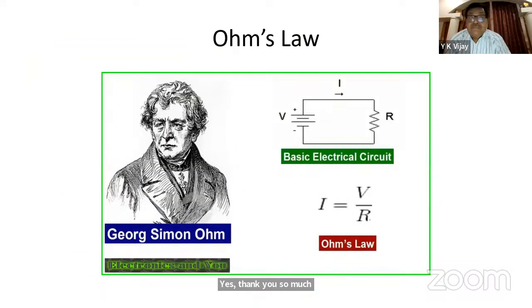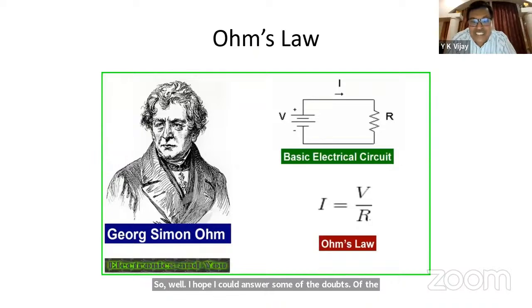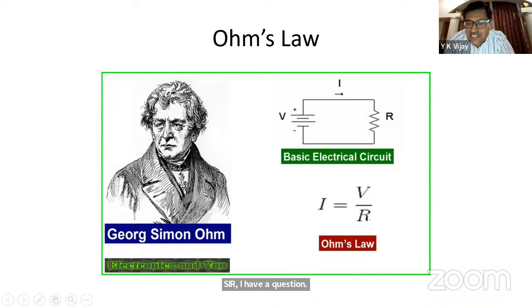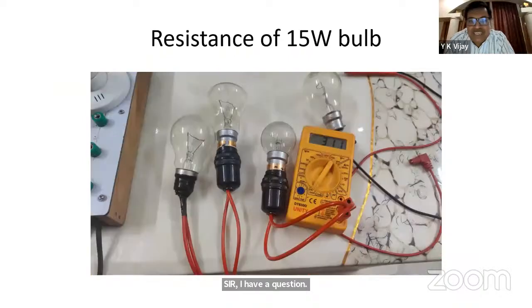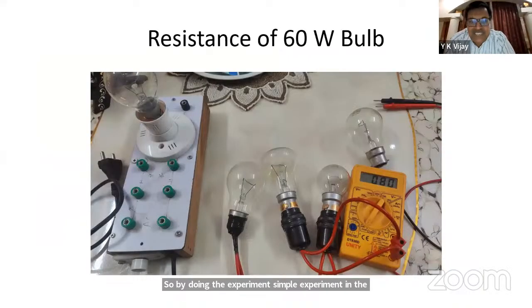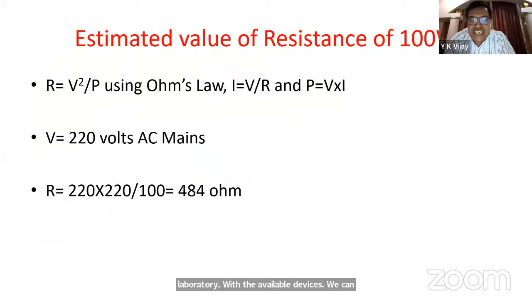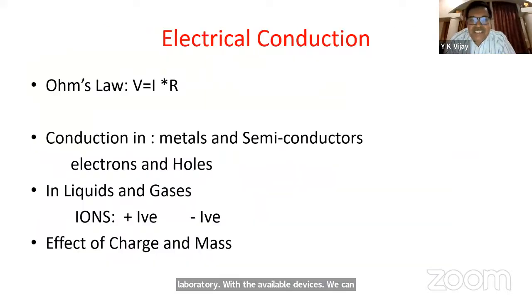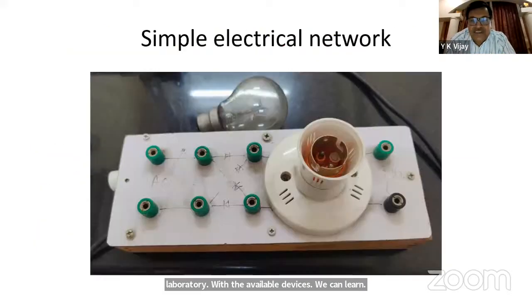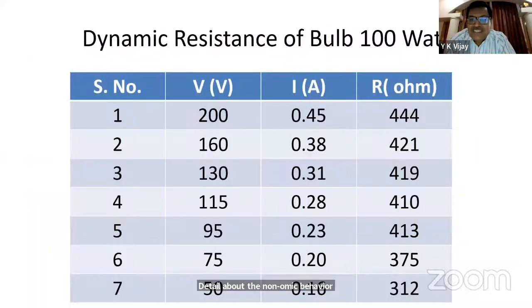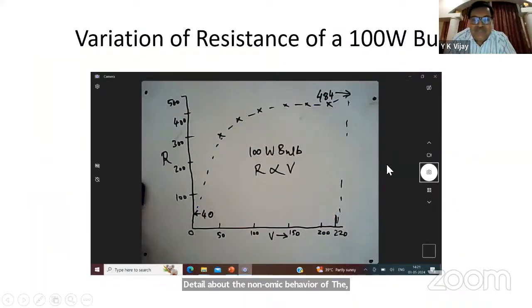So, I hope I could answer some of the doubts of the students and the teachers who are there. By doing a simple experiment in the laboratory with the available devices, we can learn in detail about the non-ohmic behavior of the valves.